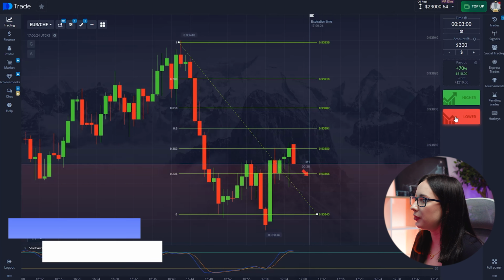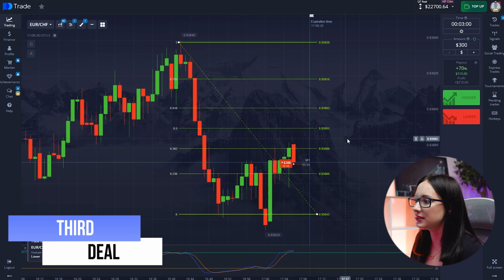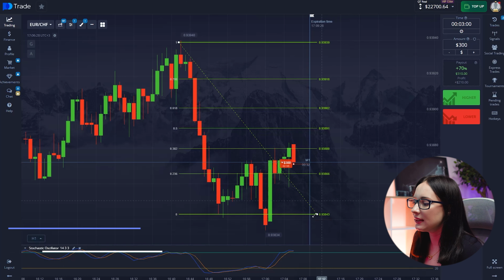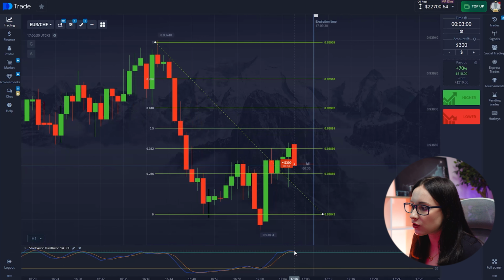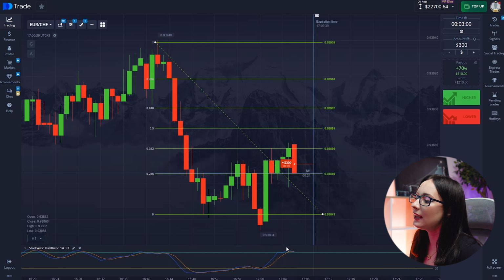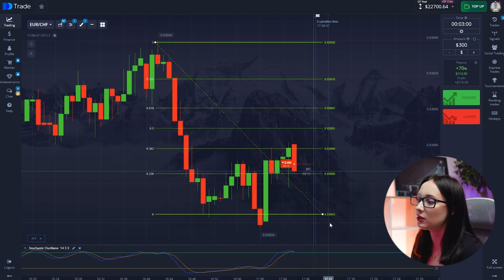Okay, now I'm opening my sell position, seeing that there is already actually a crossover at the stochastic oscillator when the percentage K line, the blue line, crosses below the percentage D line, the orange line, in an overbought area, which would mean opening a sell position, a decrease in price of a currency pair, and of course a formation of a downtrend, which we are seeing, and this is the level of price at which I opened my trade.